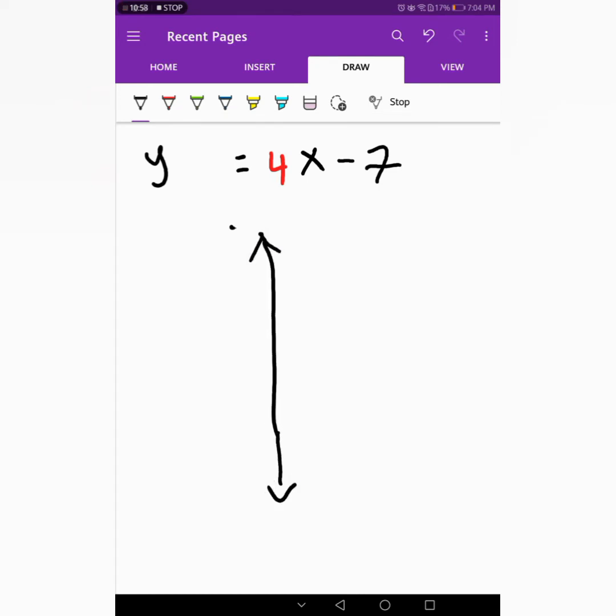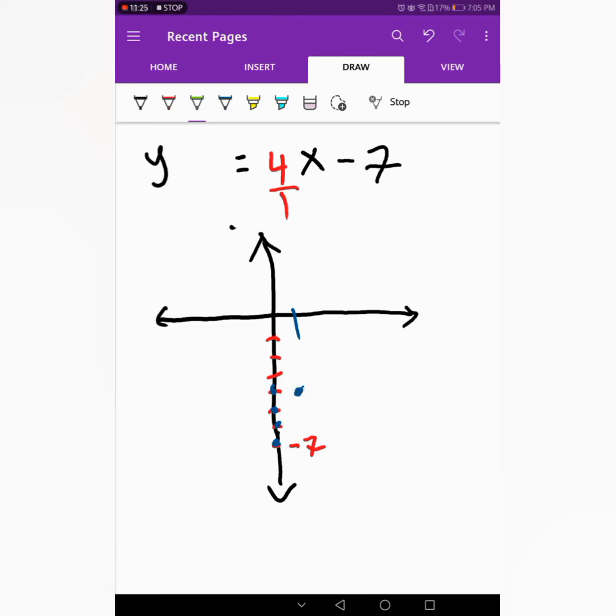Okay, my dear student, you can graph it easily, but to save your time, I will graph it fast. So here and here, and 1 2 3 4 5 6 7. This is the negative 7. That means the slope is 4 over 1. So 4 steps up, 1 2 3 4, and 1 step to the right, so it will be here.